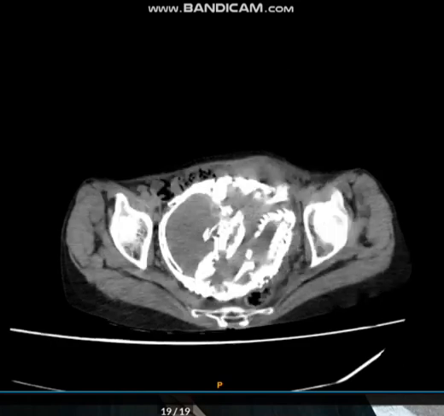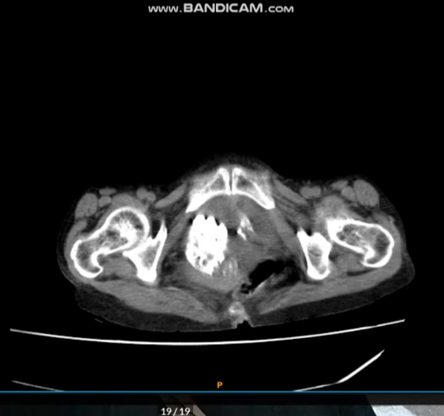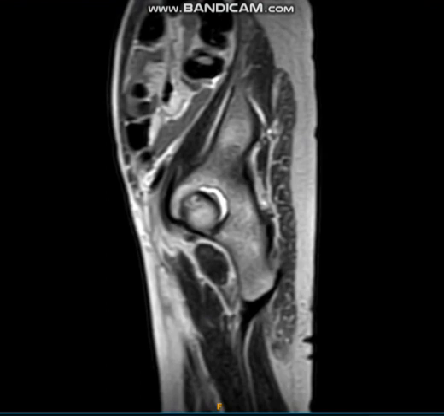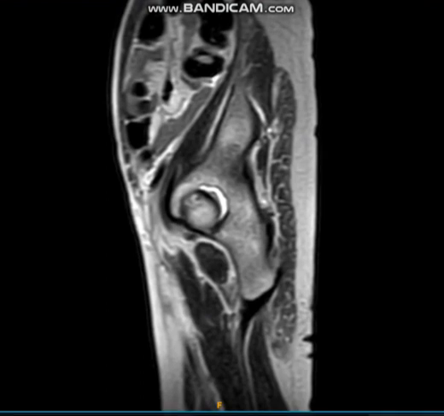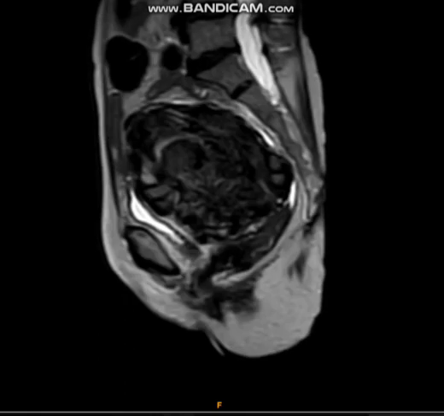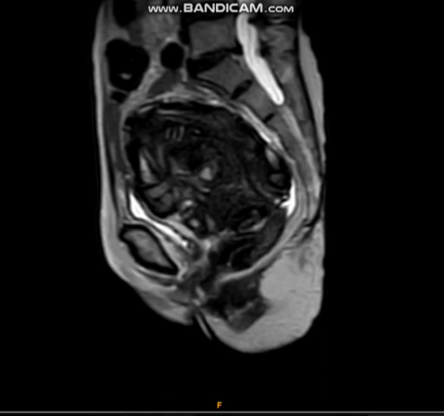calcified wall around it. Now the question is whether it is an intrauterine or an extrauterine dead fetus with calcification, and for that we go for an MR imaging. So when we look at the sagittal T2 MR images, we can appreciate a cervix here.